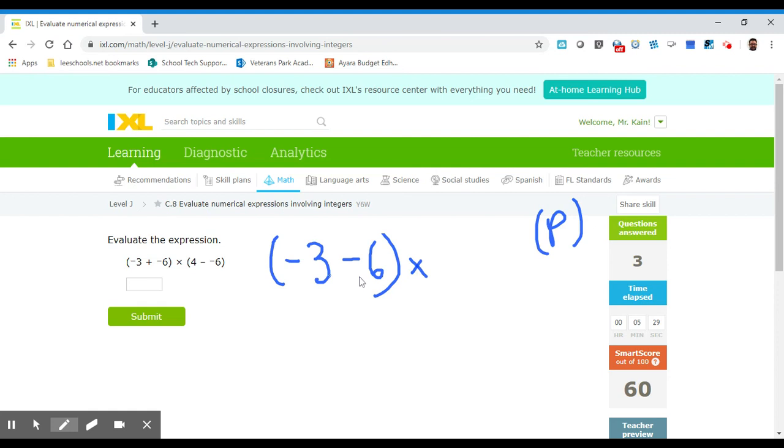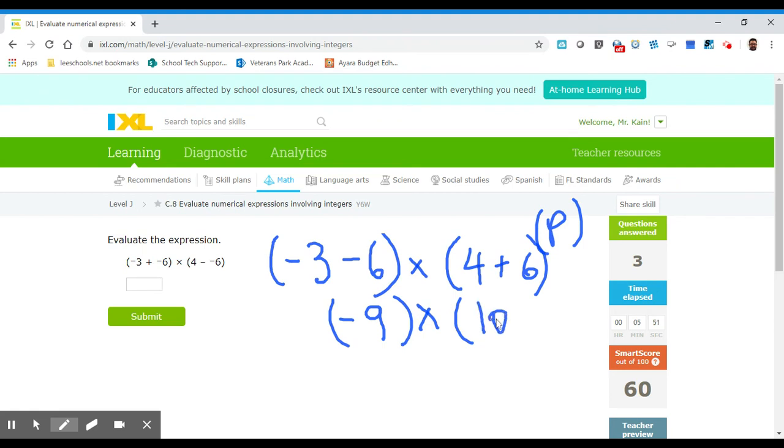And in this parentheses, we have 4, and we have minus minus, which is plus 6. Now, in this parenthesis, we're going to solve it, and it's going to be -3 minus 6. And since we have two negatives, we add them to get -9 times 4 plus 6, which is 10. And then -9 times 10 is -90.